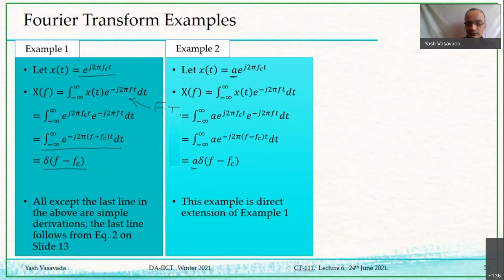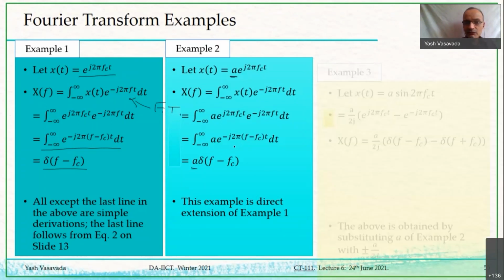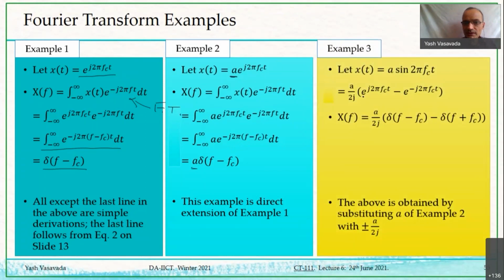And so now we can see that if my input signal is made up of two complex exponentials, one at f of c, another at minus f of c, and they get further scaled by some scalar a divided by 2j, then I don't have to do the math.